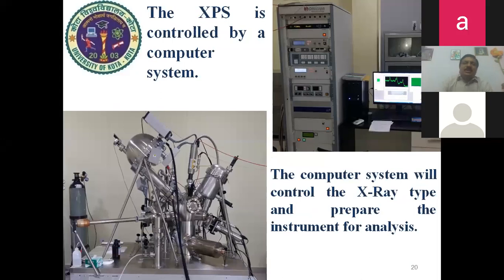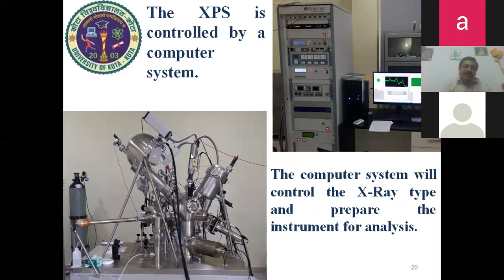So this is the conventional XPS system. You can see quite a complicated system, where the topmost hemispherical part is the XPS detector, and it is known as a cylindrical mirror analyzer. This is the main XPS chamber. In between we can see many components. This is the X-ray tube.